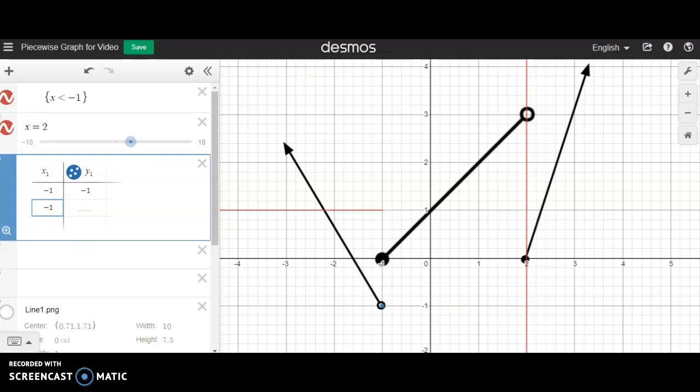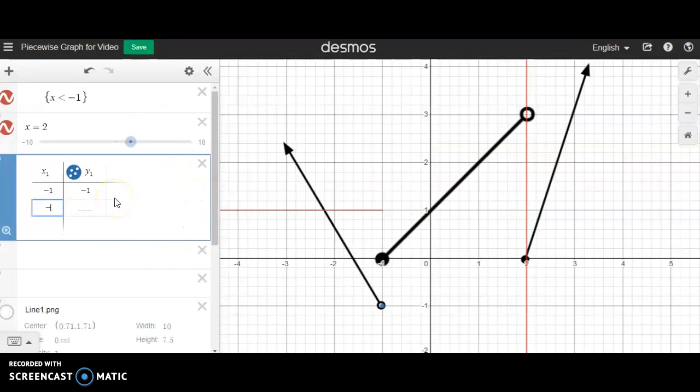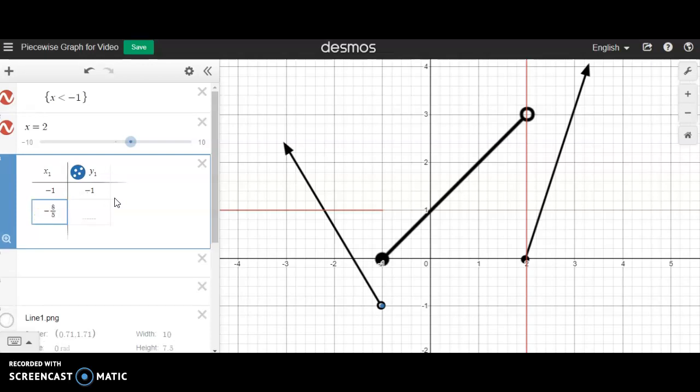Well, what you want to do on that is you want to convert that 1 3/5 into an improper fraction. 1 times 5 is 5, plus 3 is 8, so you've got 8/5. So what I'm going to do right here is I'm going to put in -8/5 and 0.